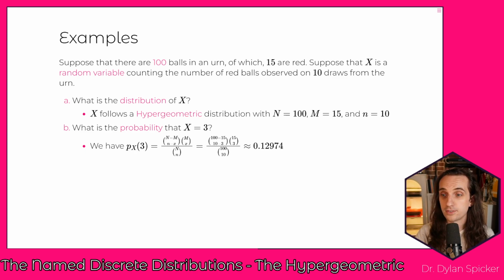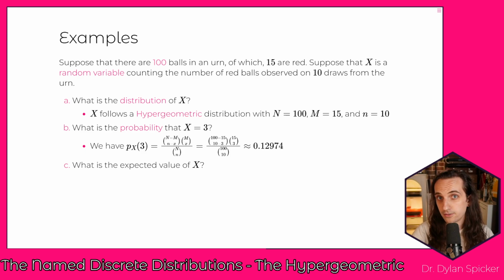So that's 100 minus 15 choose 10 minus 3, times 15 choose 3, divided by 100 choose 10. That's 0.12974, about 12.97%. So the probability that X is 3 is around 13%.